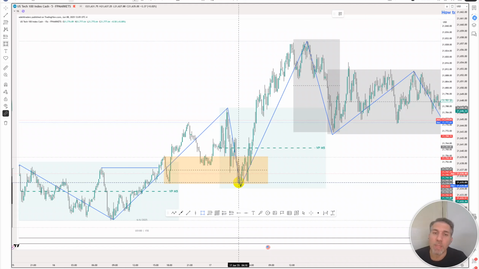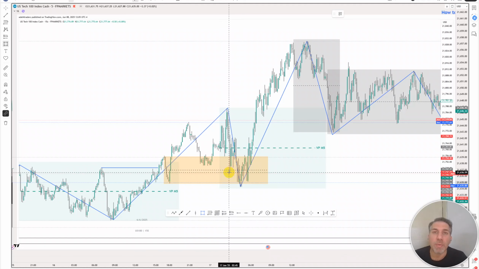You have different kinds of entries here. It could be touch trading, which is reversal trading. As soon as you see price getting back into this valid pullback zone and approaching your FTR, you can blindly take a trade at this point, which I don't recommend.